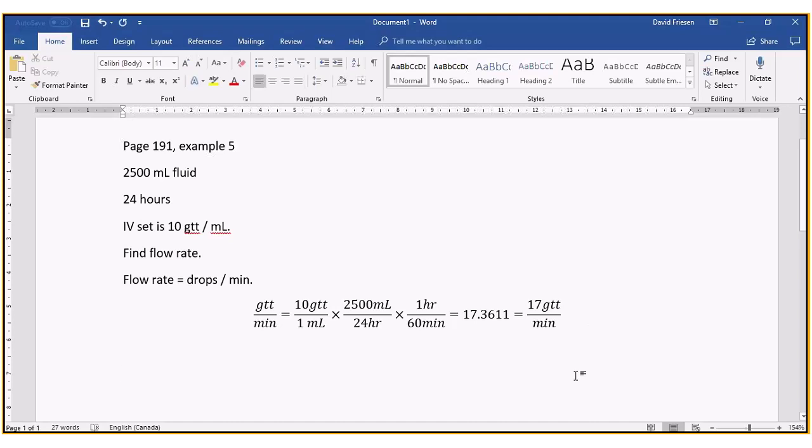So this was part B. Suppose 12 hours later, the physician ups the rate and wants it to finish in 8 hours.